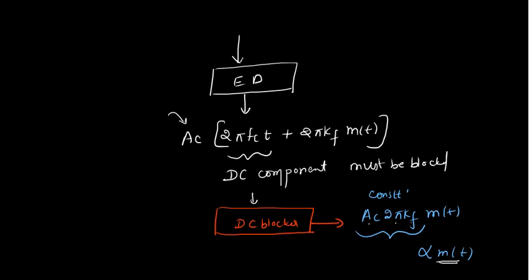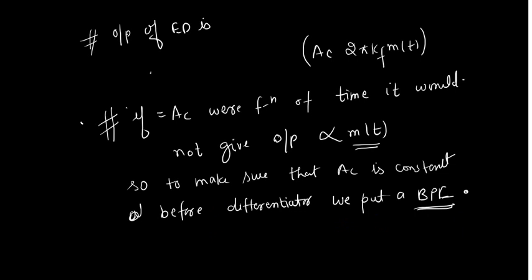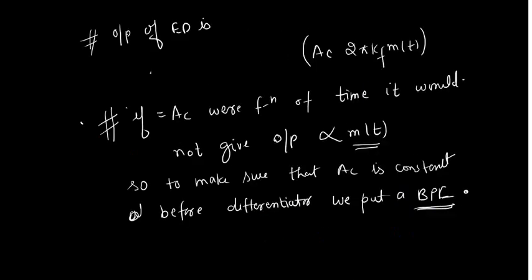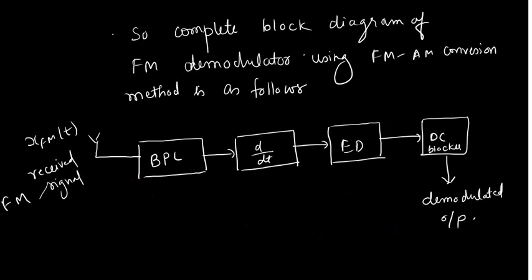So, you will not have an output which is directly proportional to m(t), it will have some distortion. So, we should make sure that when we receive our FM signal there is no amplitude distortion. We have discussed that amplitude distortion can be taken care of by a band pass limiter, so we put a band pass limiter before the differentiator.